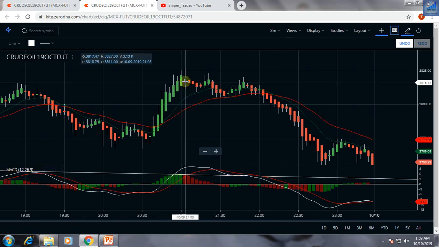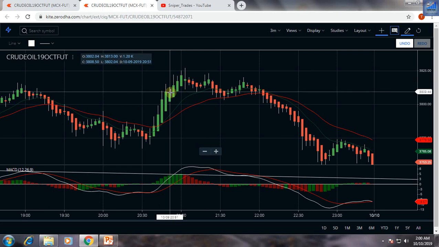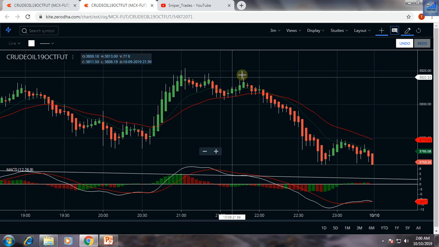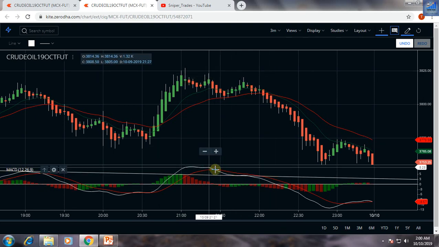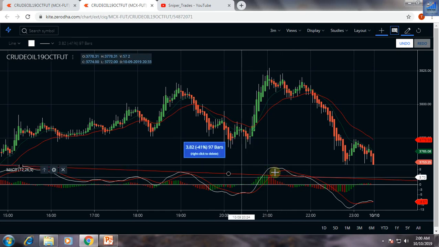So see, the price has made a new high of 3827 from this level, that is the 3808 level. That is a movement. And later see, it has given us a sell signal here. The MACD line has crossed below the signal line in a general bullish trend.